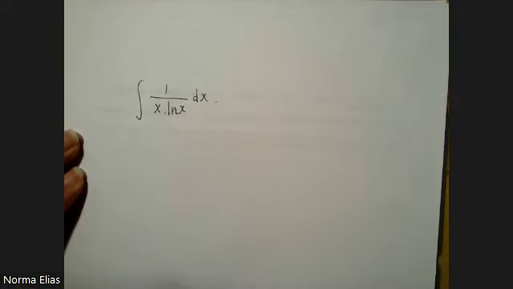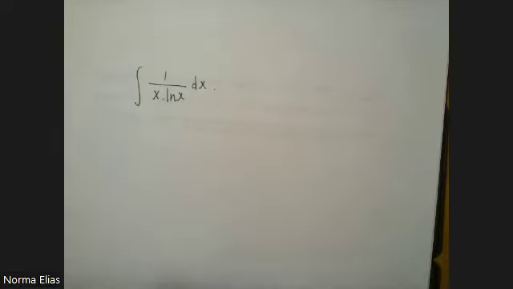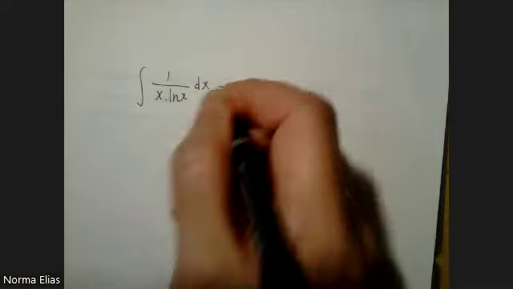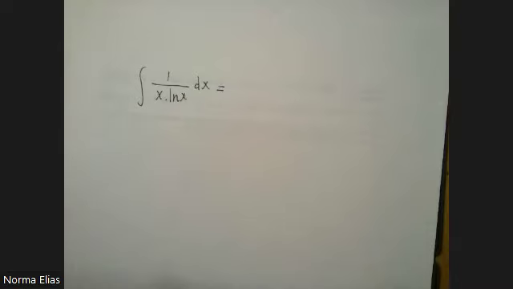Integral of dx. The idea? Always first rewrite it in a way that you can see connections between what's going on inside the integral. So the main thing is to see connection.